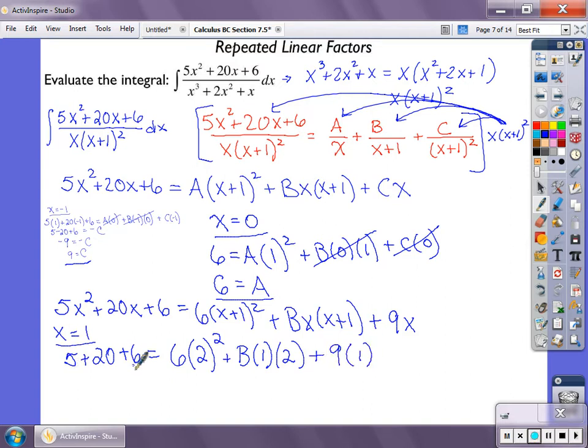And so 5, 20, and 6 make 31, is 4 times 6, 24, plus 2b, plus 9. 24 and 9 is 33. Subtract that, you're going to get negative 2 equals 2b. And so b is negative 1.